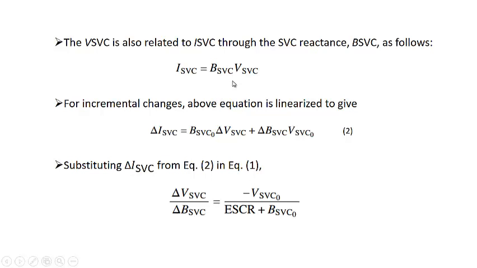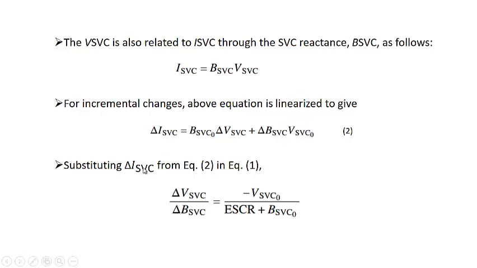We are doing the partial differentiation, first differentiating it with respect to VSVC, and then differentiating it with respect to BSVC. So delta ISVC is equal to BSVC naught into delta VSVC, when this is differentiated, plus delta BSVC, differentiating this while keeping this constant, into VSVC naught, which will be constant there.